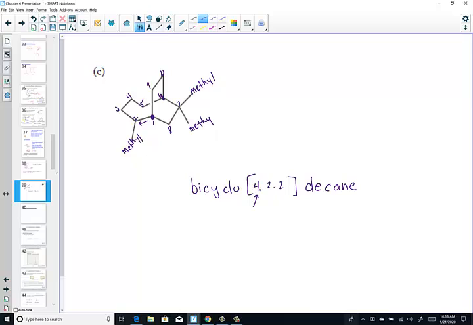So at position 1, 7, 7, there were 3 methyl groups. All one word: 1,7,7-trimethylbicyclo[4.2.2]decane. All one word there.